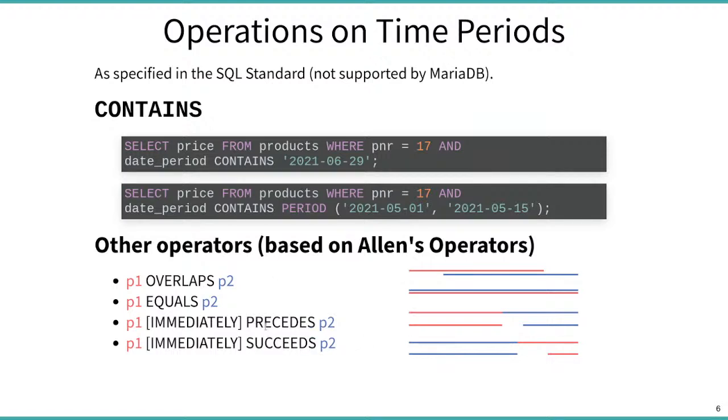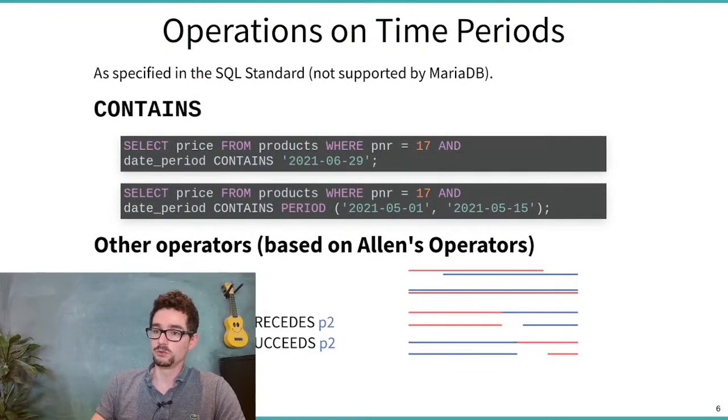These operators are defined in the SQL standard and they are based on Allen's operators. In the standard and in DB2 you can use them. In MariaDB I hope that they will be implemented in the next versions.